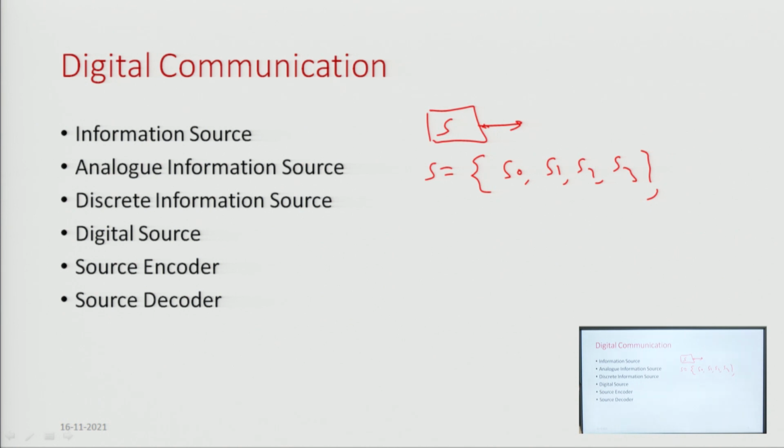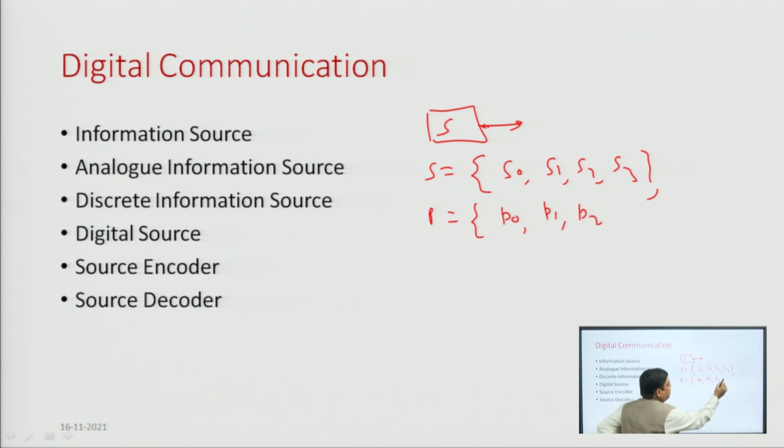Then every symbol at the output has its own probability. P naught is the probability of occurrence of the symbol S naught at the output. In the same way, P 1 is the probability for symbol S 1 occurring at the output of the source.